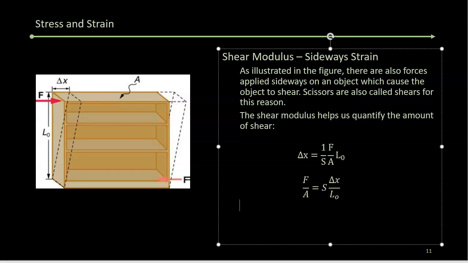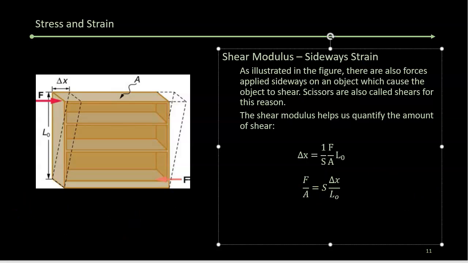And that makes it look a little bit more like the Young's modulus equation. So this is our shear modulus. F over A is S delta X over L naught. Just the delta X, the A, these things mean different things in this, and so you have to keep track of what they mean.